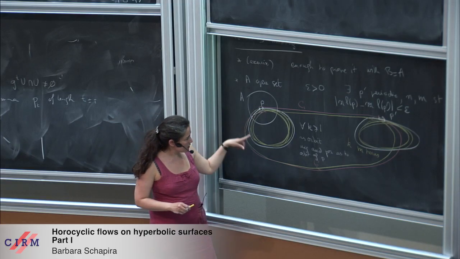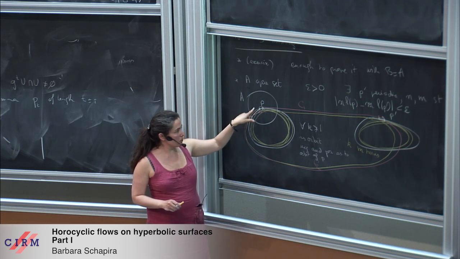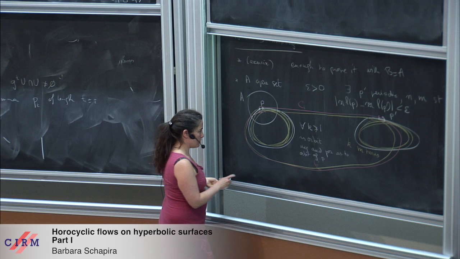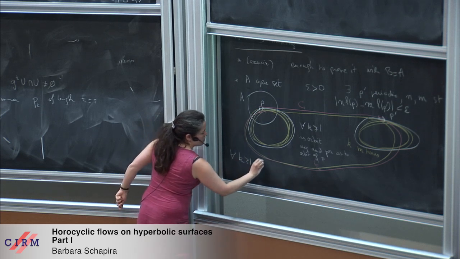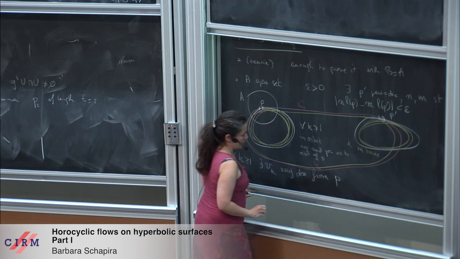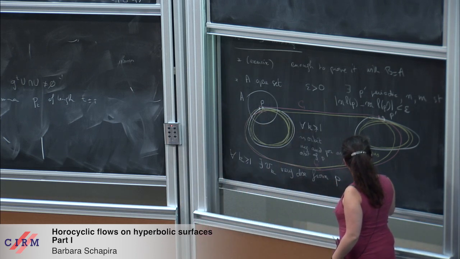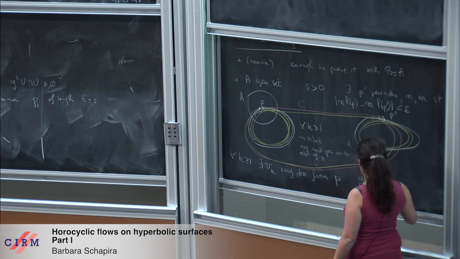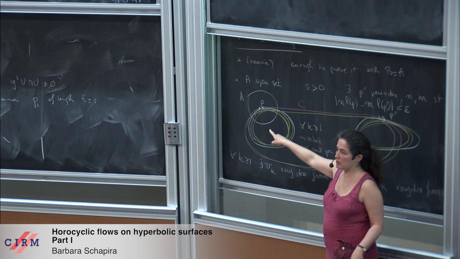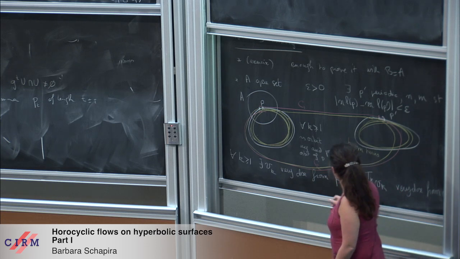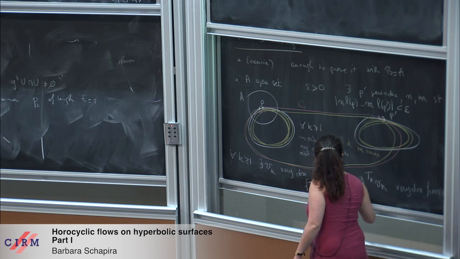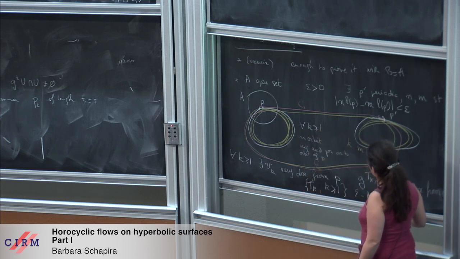On this yellow orbit, there will be some vector very close to P, such that for all k, there will be a vector vk very close to P, and such that g^tk of vk is very close to P also, because we return back to this point, and such that the set of tk for all k greater than 1 is epsilon dense in some interval.